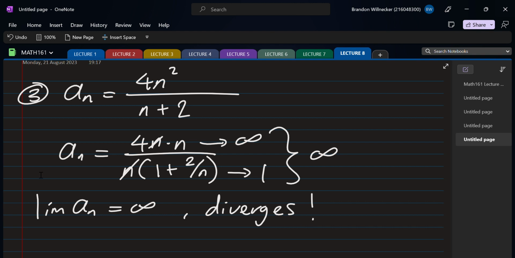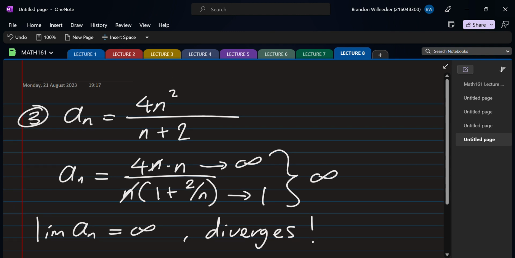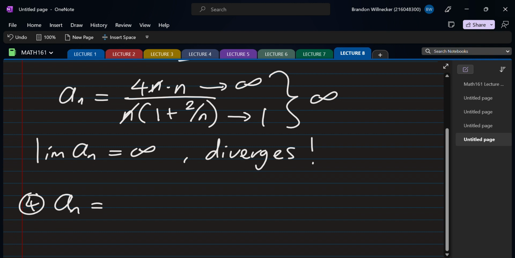Okay, so that's just a quick way to work with these problems. All right, we can also have another one similar to this, number 4. So an is equal to, now we're not going to have n squared at the top, we're going to have an n squared at the bottom. So let's say we have n over n squared plus 1. Okay, we want to see what happens with this.